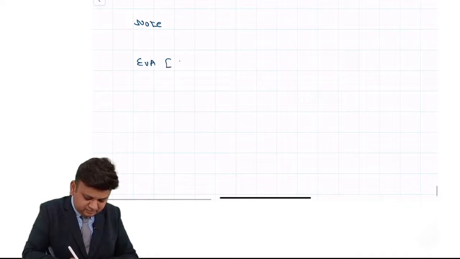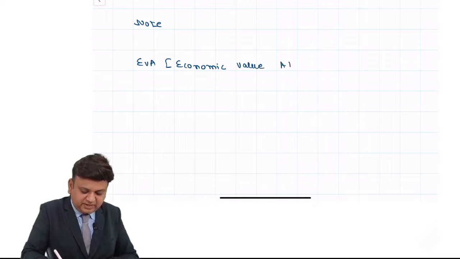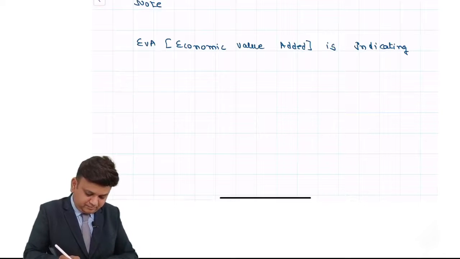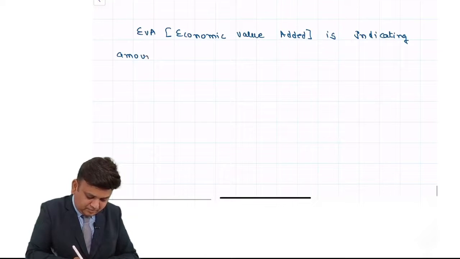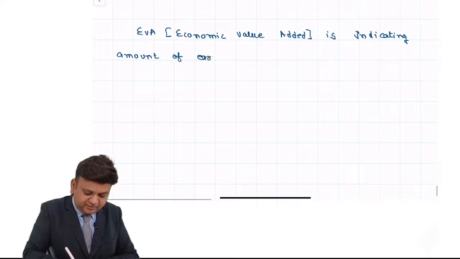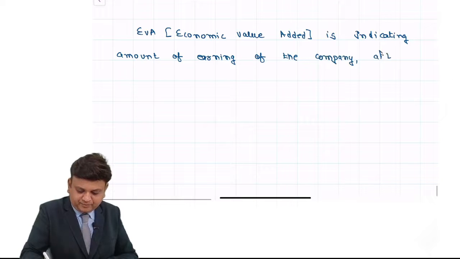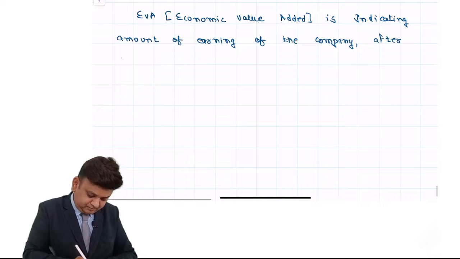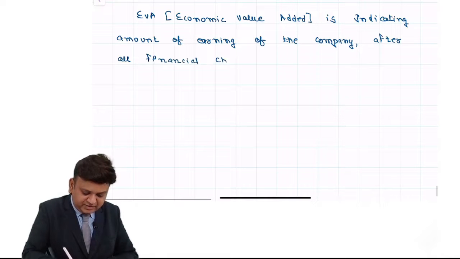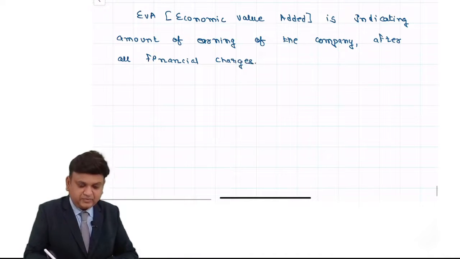EVA, in bracket economic value added, is indicating the amount of earning of the company after all financial charges.